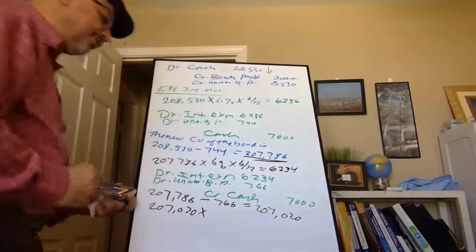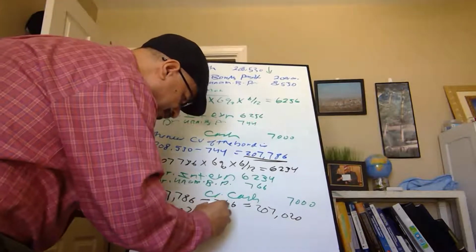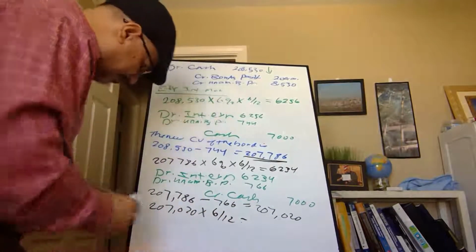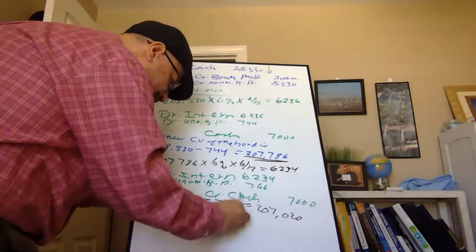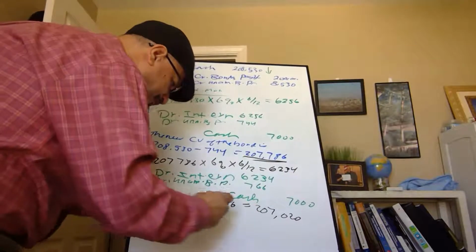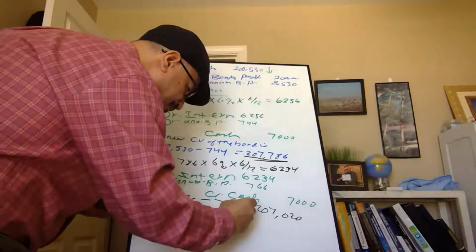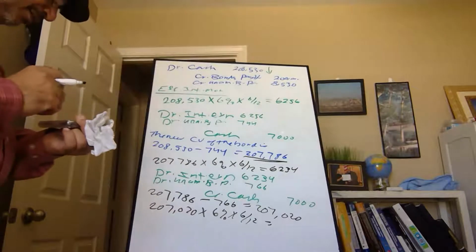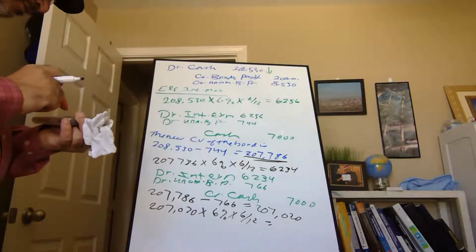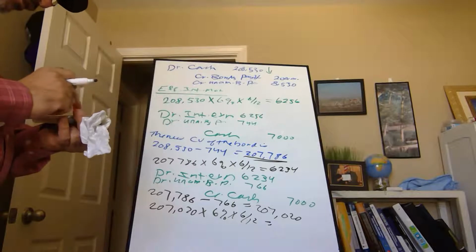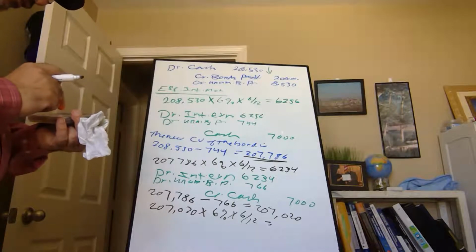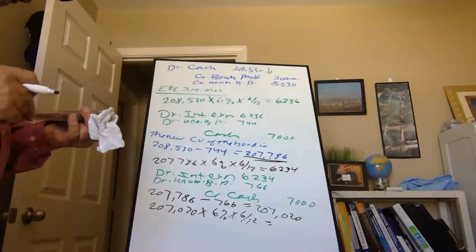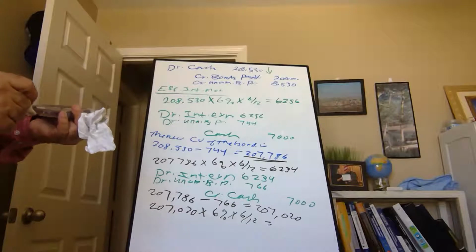020 times the market interest rate, 6%, times 6/12. 207,020 times 0.06 times 6/12, and that gives us 6,211.